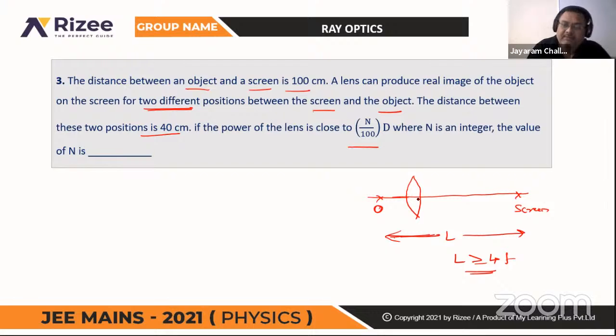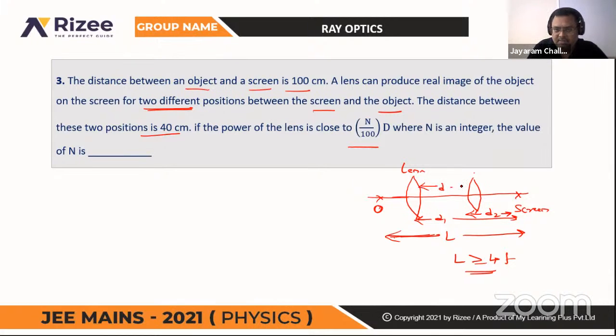Now what will happen when you move the lens from the object towards the screen? You will get a first image at the D1 distance, for example. This will be a magnified image, and when you move the lens further, you will get another, diminished image. Let that distance be D2.